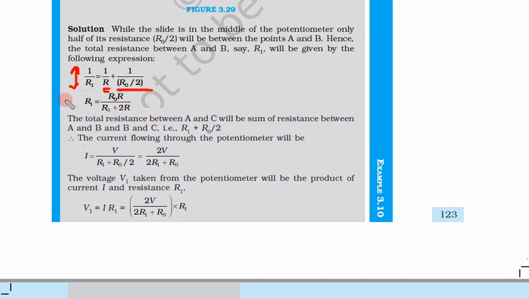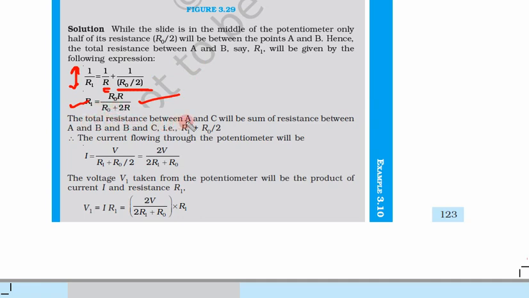So after calculating, R1 is equal to R0R upon R0 plus 2R. So this we get. So this is the total resistance in parallel that we get.